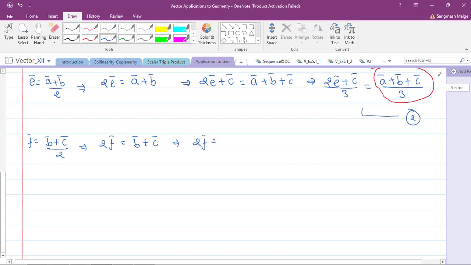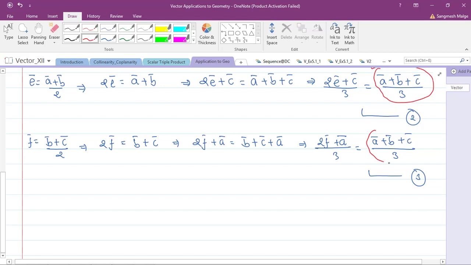So 2F bar plus a bar is equal to b bar plus c bar plus a bar. Now divide by 3 on both sides. So (2F bar plus a bar) upon 3 is equal to (a bar plus b bar plus c bar) upon 3. So again we have equation number 3, in which this RHS is nothing but the centroid.